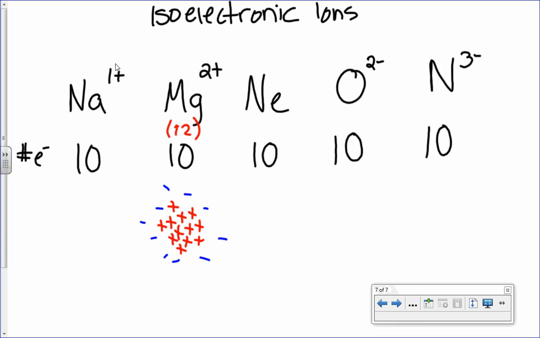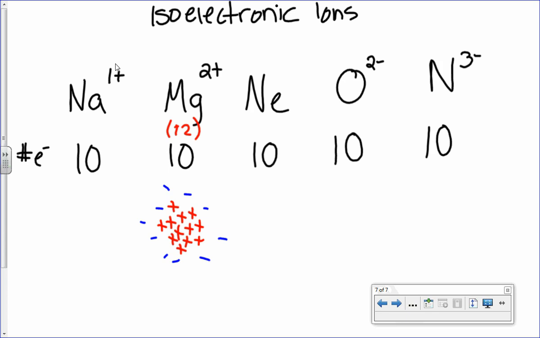Since the protons outnumber the electrons, they're going to squeeze those electrons in tight, which essentially skinnies up the atom, or the ion. So that's why the one with the largest atomic number will be the smallest cation. So which one of these is going to be the largest? Nitrogen.